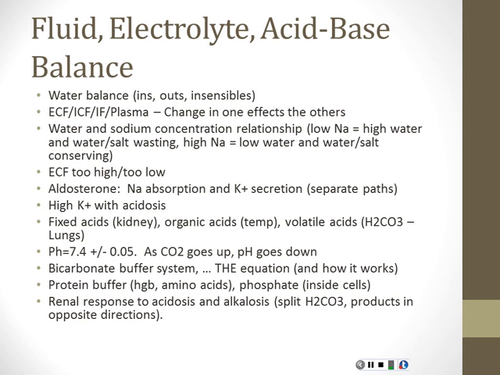It can either get rid of a hydrogen ion or a potassium ion, but it can't do both at the same time. So when the pH is low, the kidney preferentially gets rid of the hydrogen ion instead. That causes the potassium level to go up. You'll see that taking care of patients. Patients who have an acidosis, they get into potassium trouble. Their potassium goes up as their pH goes down.